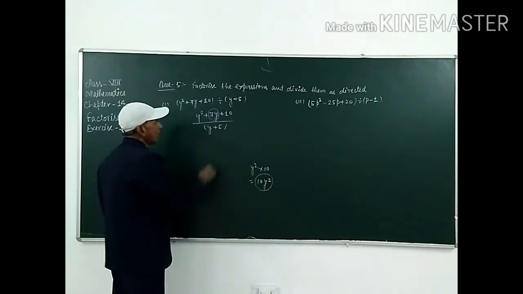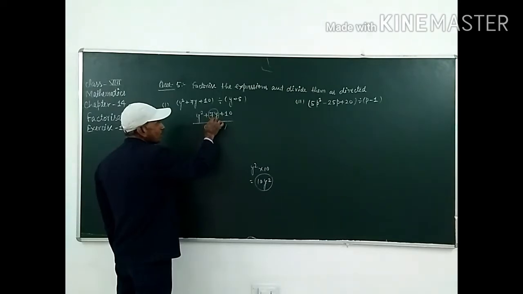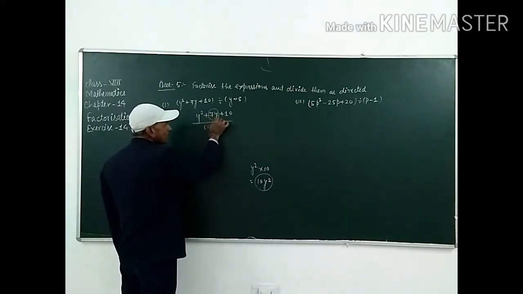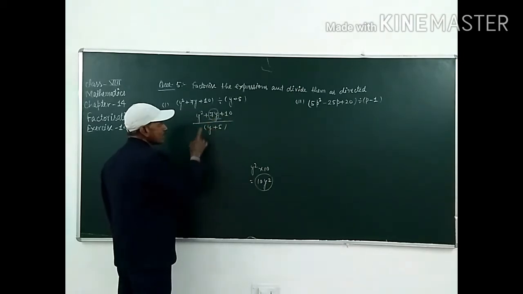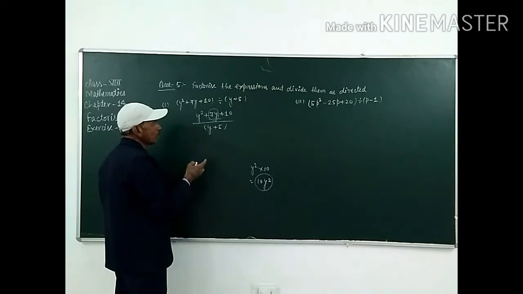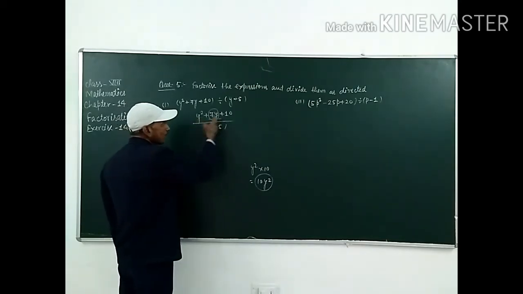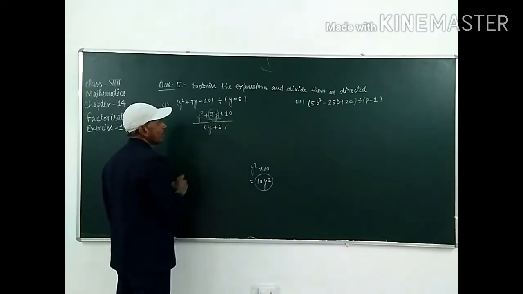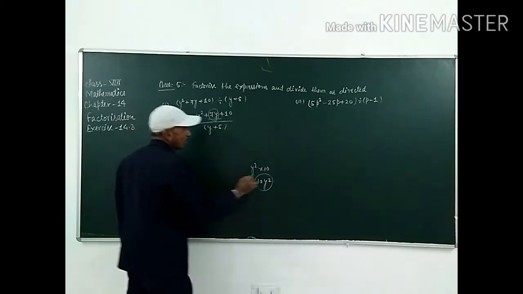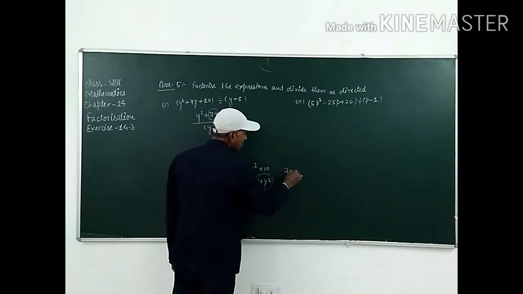And now we have to observe this middle term and we have to split this middle term such that the product of these two terms must be equal to the product of first and last term, and addition or subtraction of these two terms must be equal to this middle term. So this one is 7y, students.